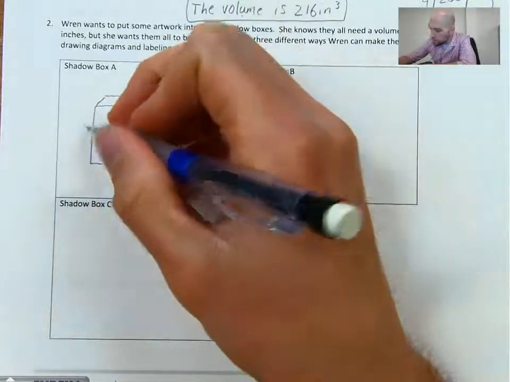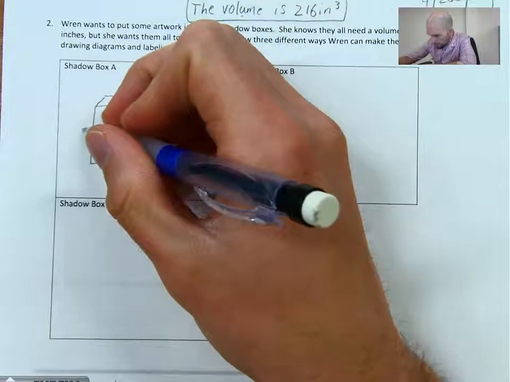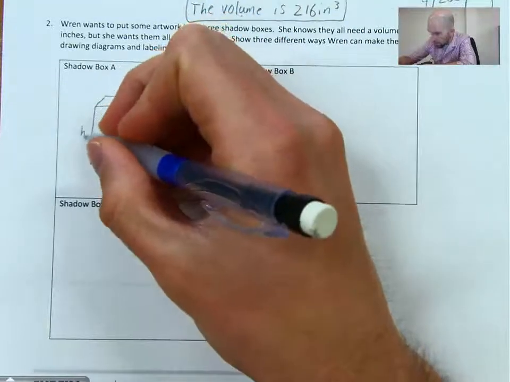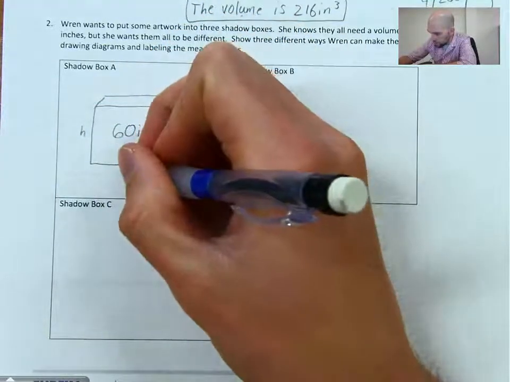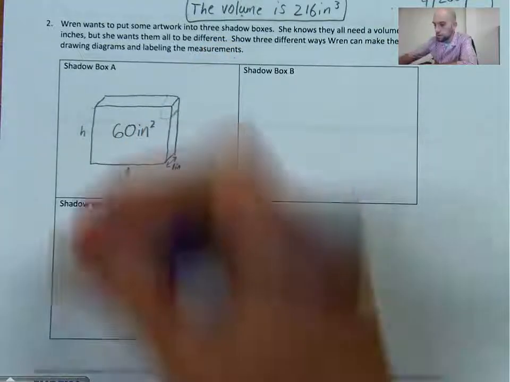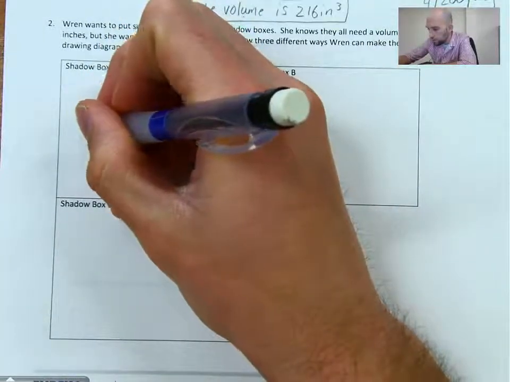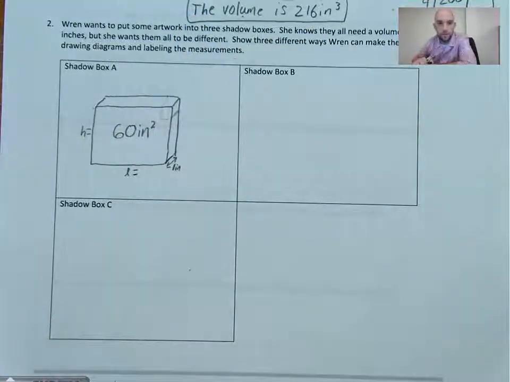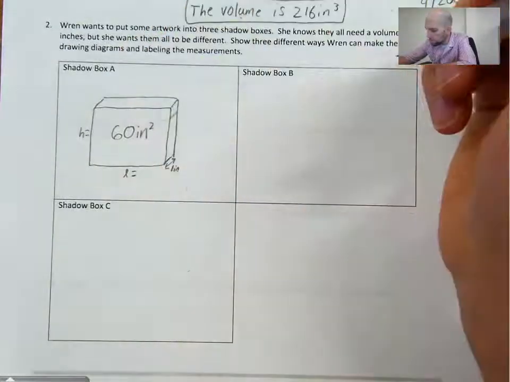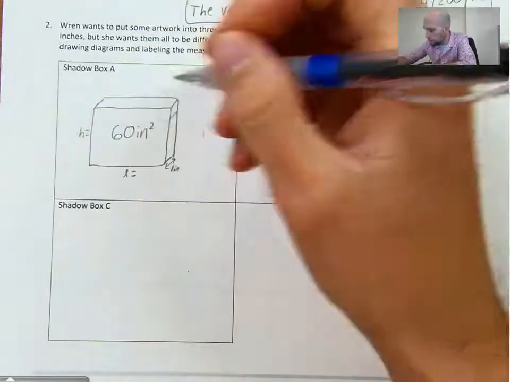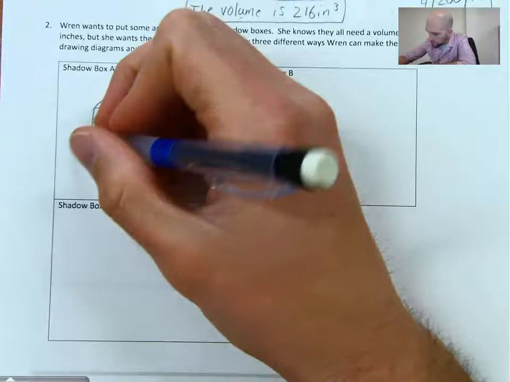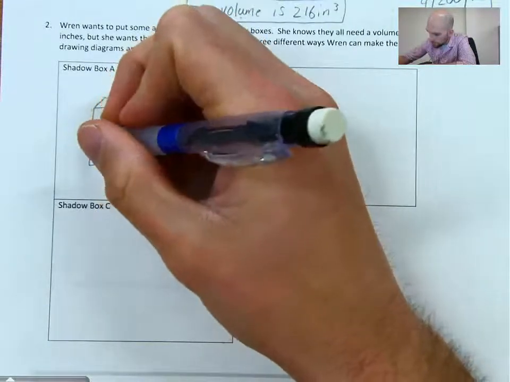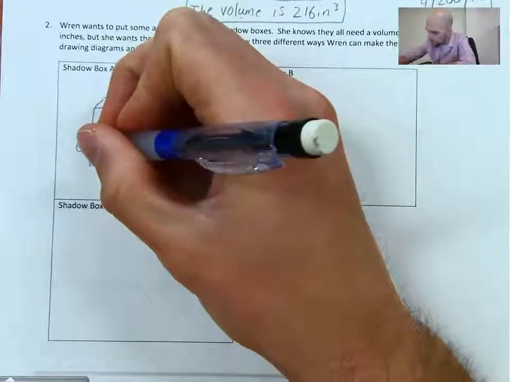And I have to do 2 measurements. I have one here, which is going to be my height, and one here that's my length, that are going to equal 60 when I multiply them together. So let's see, how about 6 and 10?